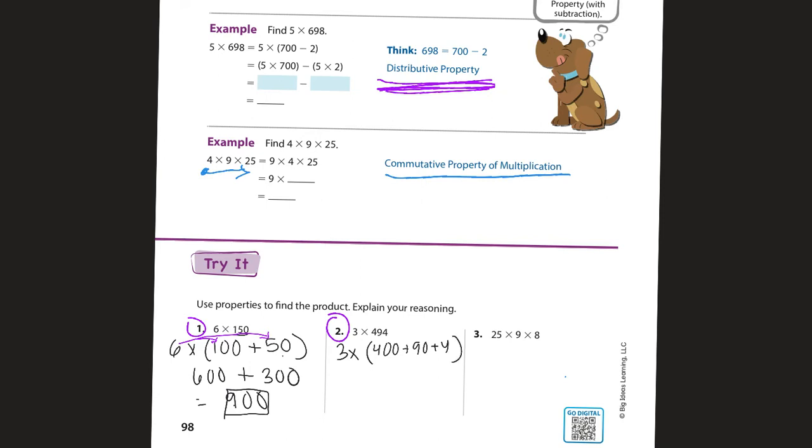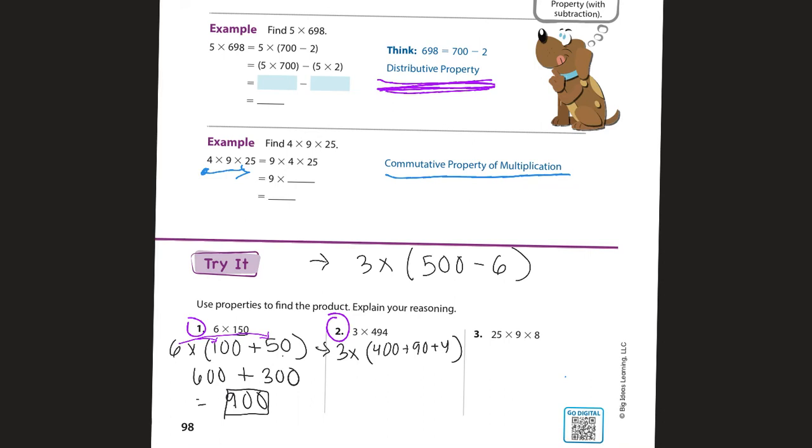But you could also say 494 is the same as 500 minus 6. And either of these two ways, it's going to give you the same answer.